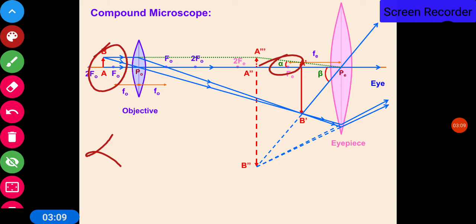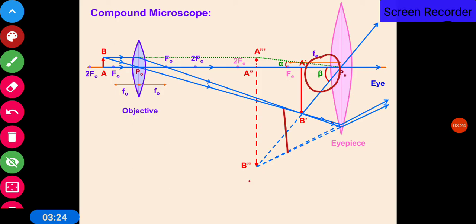Since the eyepiece and objective are very close to each other, alpha is the angle made by the object at the eyepiece, and beta is the angle subtended by the final image A double dash B double dash at the eye. So alpha is the angle subtended by the object at the eye and beta is the angle subtended by the final image at the eye.